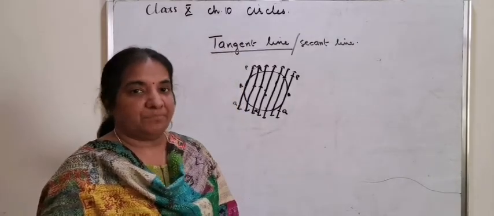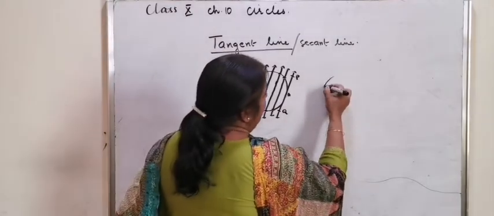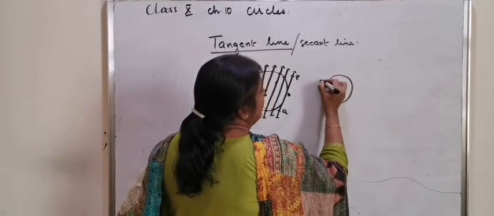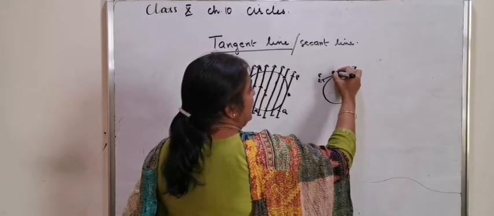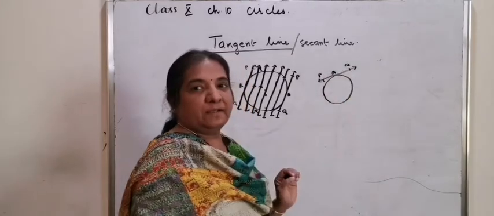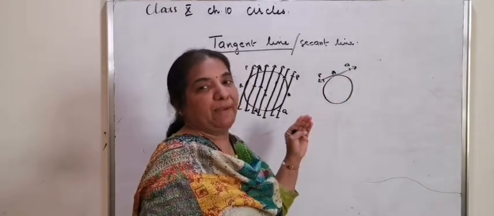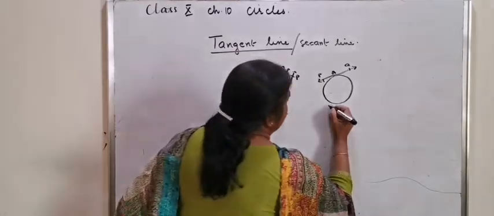How many parallel tangents are there for a given circle? That is the question. If you are given a circle and one of the tangents as PAQ, how many more parallel tangents can there be?